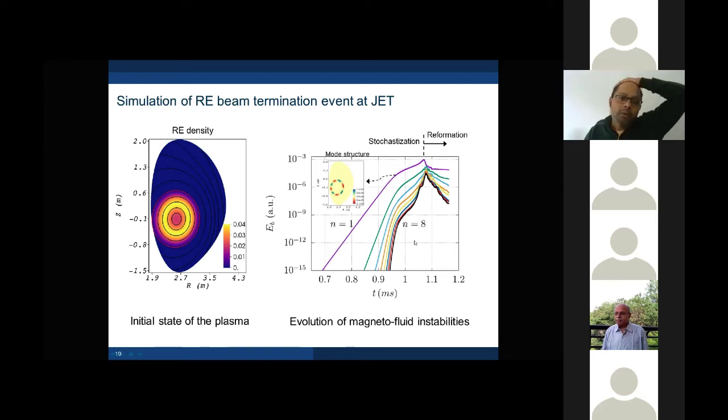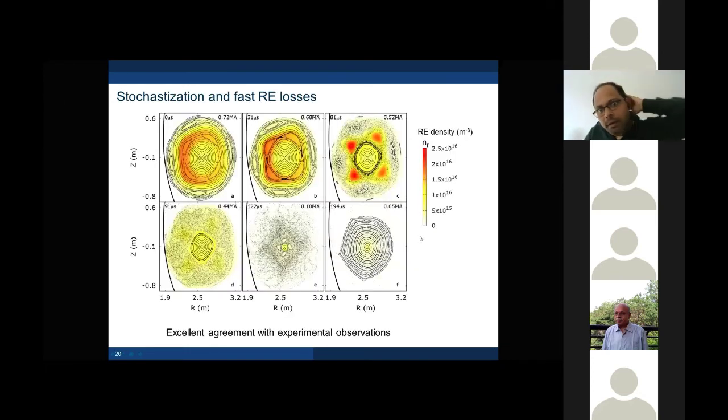Now, a different way to see how it really looks is via what are called Poincare plots. Here, what I show is a cross section of the plasma. So this is the wall, and this is the cross section of the plasma. And the surfaces that you see here are formed by taking one specific point and just following the field lines toroidally again and again, and plotting the locus of where they pierce the plane. So that's called a Poincare plot.